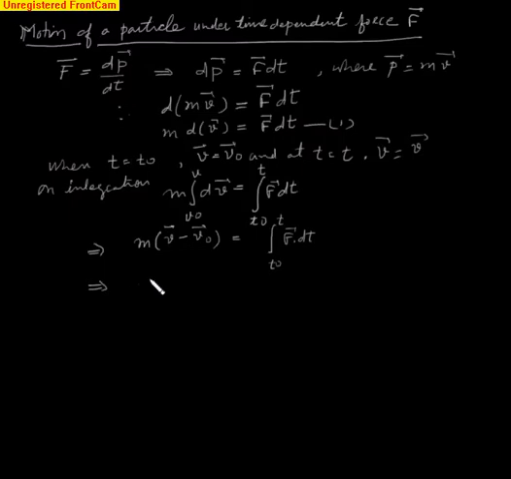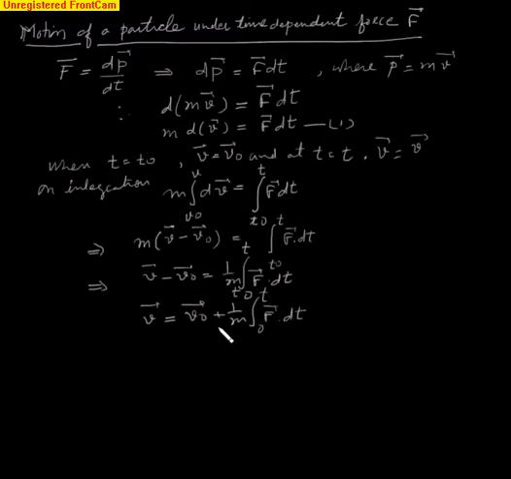I take this mass to the right hand side, we get v minus v naught is equal to 1 over m, same integration of F dt. Taking v naught to the right hand side, we can write v is equal to v naught plus 1 over m times the integration of F dt.